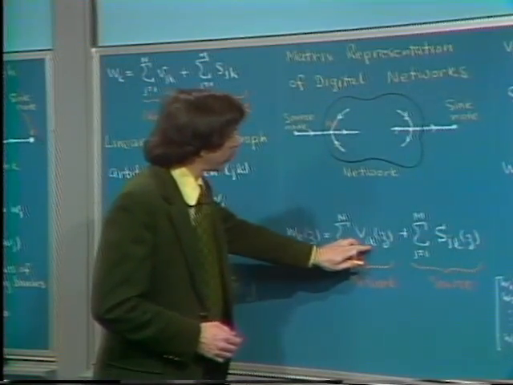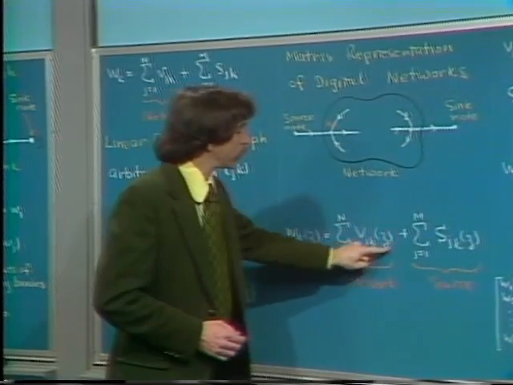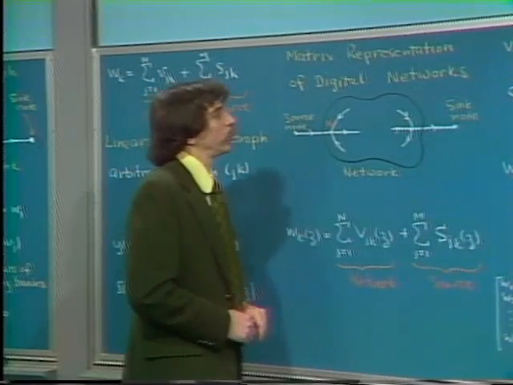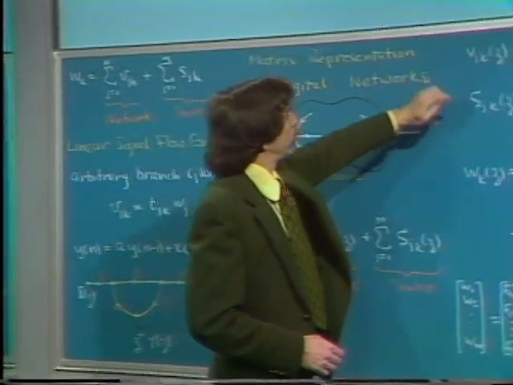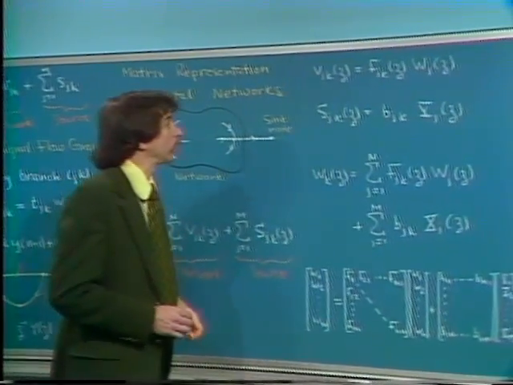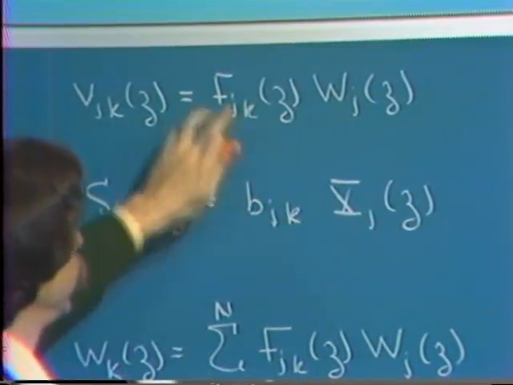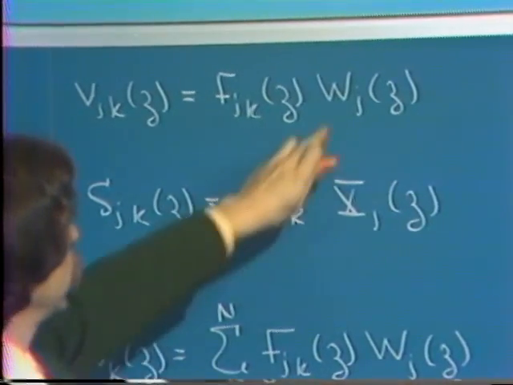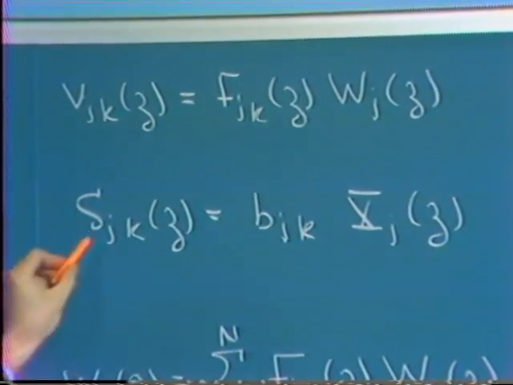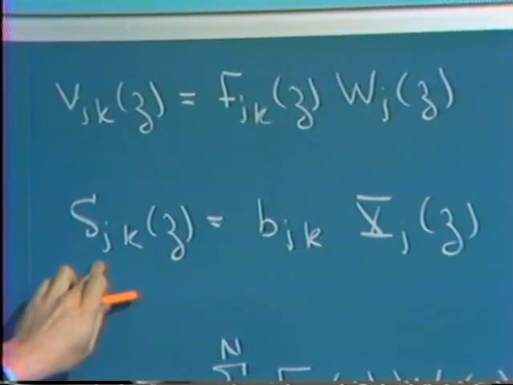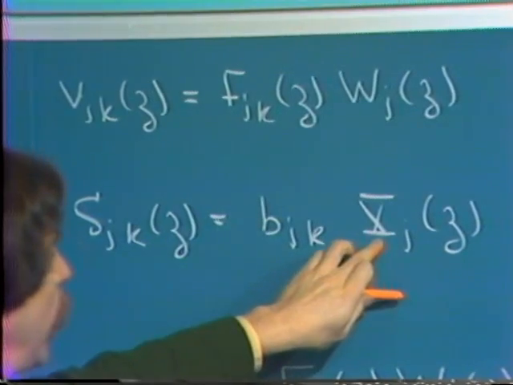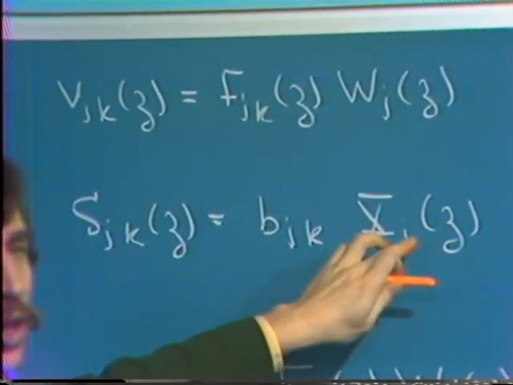Now, furthermore, we have the relationship that defines what the branch output is in terms of the branch input or in terms of the node variables. So we have specifically the statement that v sub jk, the output of the jkth branch, is some function of z multiplied by the branch input. And furthermore, the source branch output is some function or scalar multiplied by the source node value.